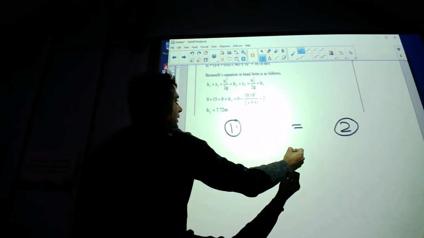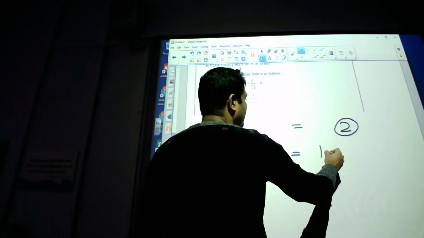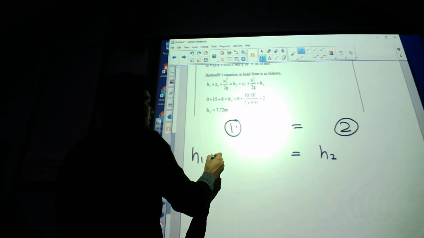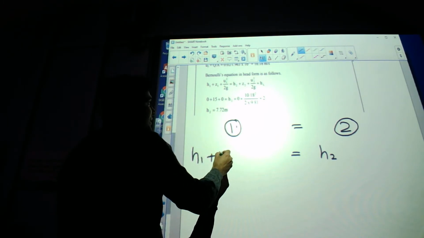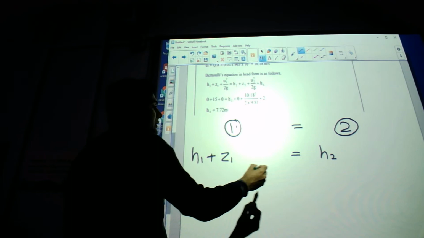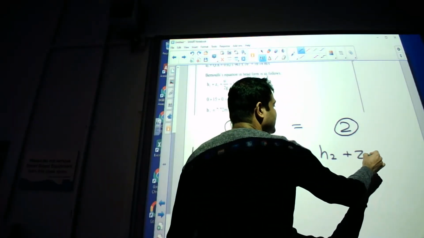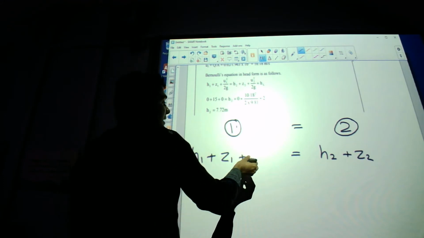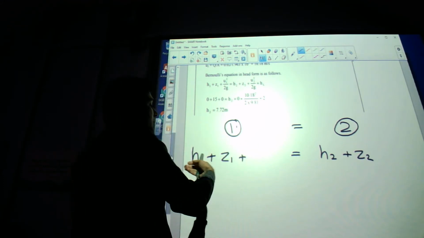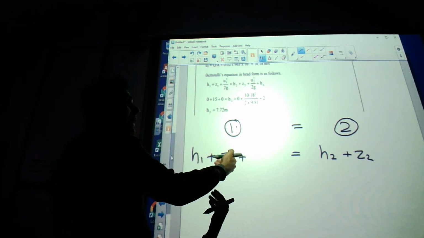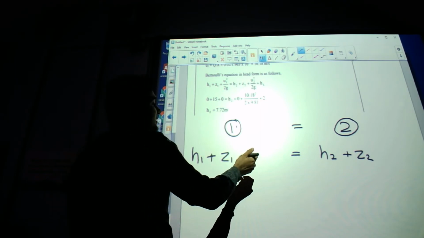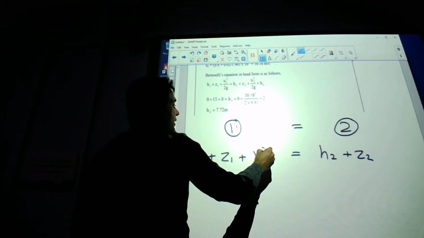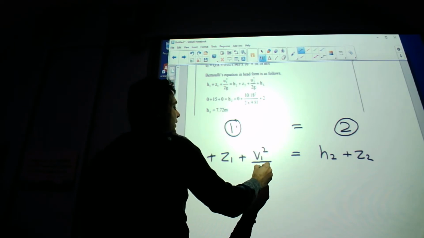So H1 here and H2 here. That's the head losses. Yeah, H is not the height. Z is the height. Yeah, Z1 here and Z2 here. Plus, now the next one is the kinetic energy, but we divide everything by mg, so that a lot of things cancel out, and that is v1 squared over 2g.